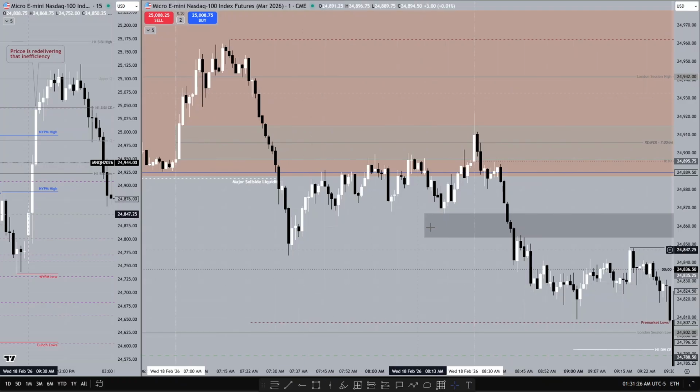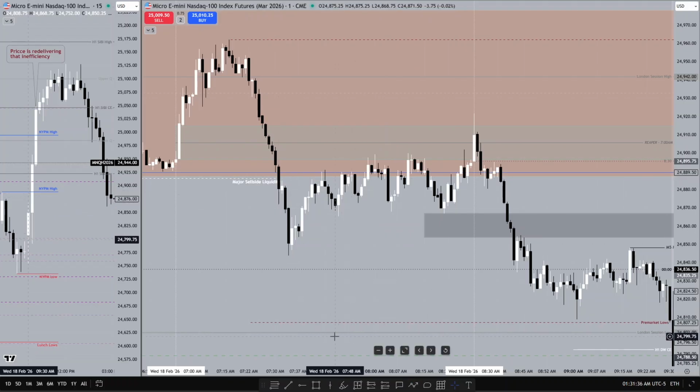Next objective during the pre-market will be sell side. So major sell side liquidity is taken here, but then London session lows have not yet been tagged. So even if we're going to be bullish on the open or after the open, once you see sell side engaged during the pre-market session, those things are probable. So sell stops at London session lows.